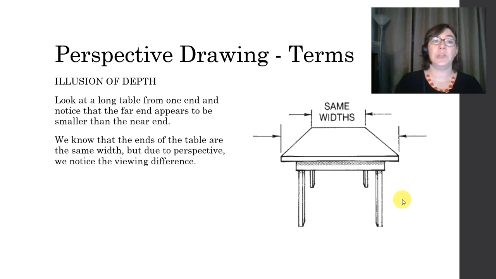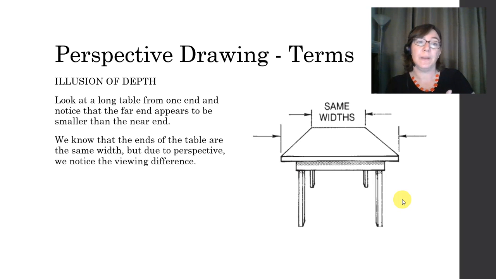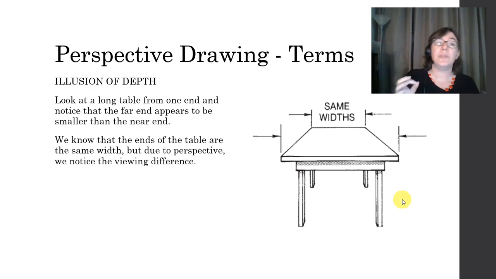The use of this vanishing point helps give us the illusion of depth. If you look at this particular table from one end, we can notice that the far end appears to be smaller than the near end. We know that they're actually the same width, but due to the perspective, we see a viewing difference.